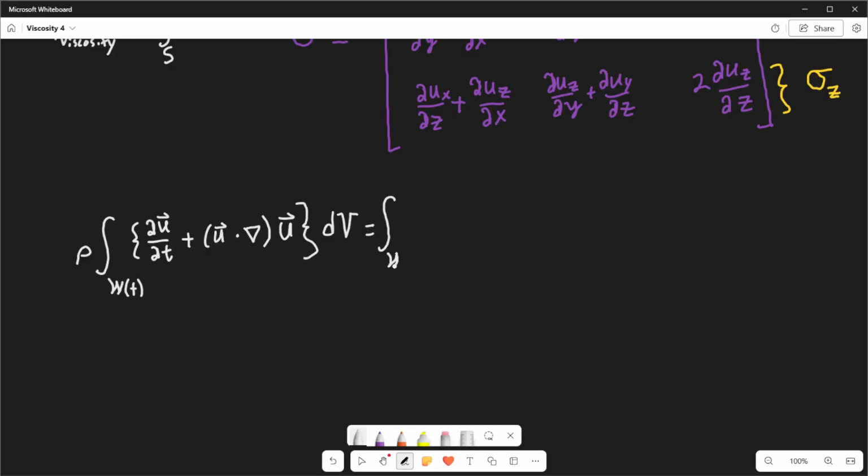again the integral over the volume, and these are the force terms. The force term is the overall force that's assumed to be dependent on the mass, so this could be the force of gravity or something. And then the force due to the pressure, or more precisely the gradient of the pressure.